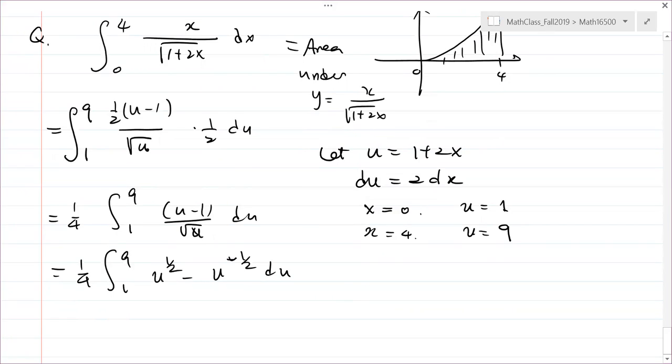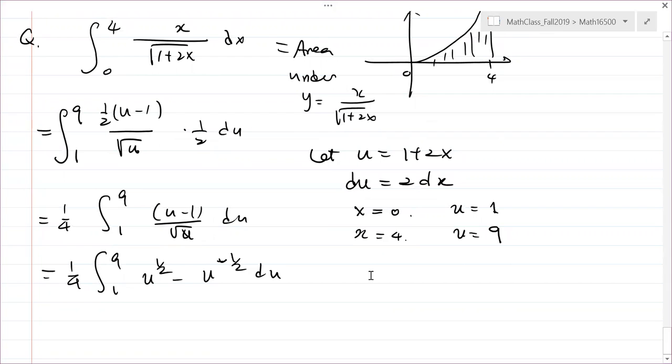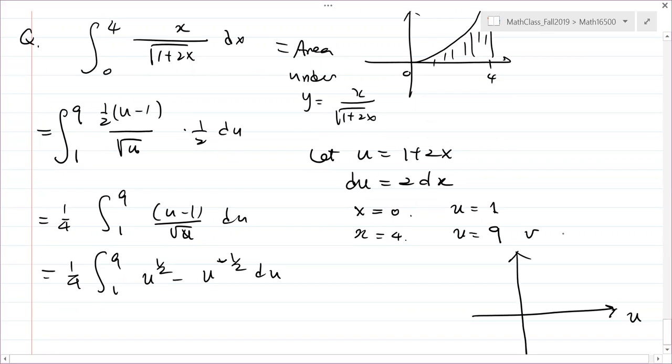But the geometric meaning of this integral, let's look at it. This is a u variable, this is a v variable, for example. v is going to be (u minus 1) over the square root of u, and you start from 1 and go to 9.